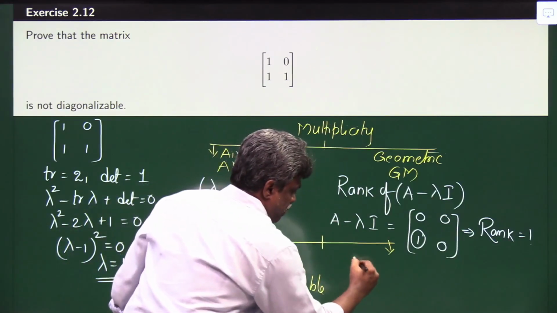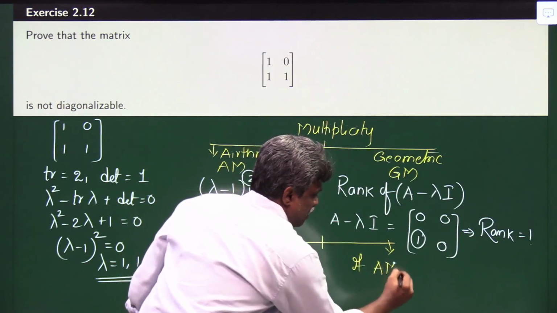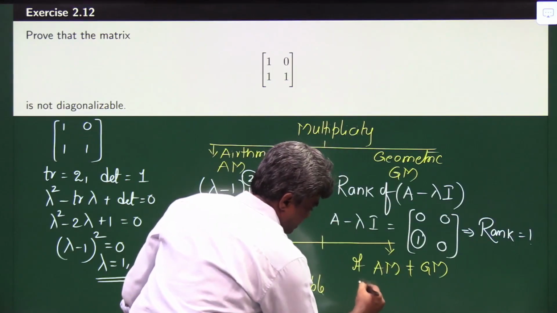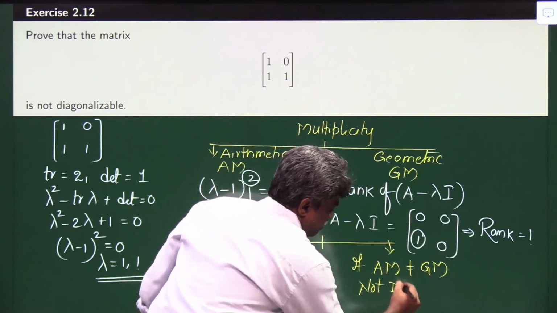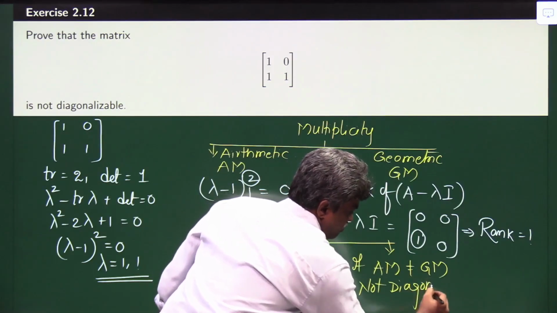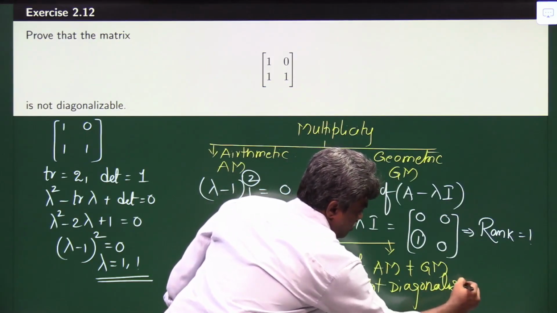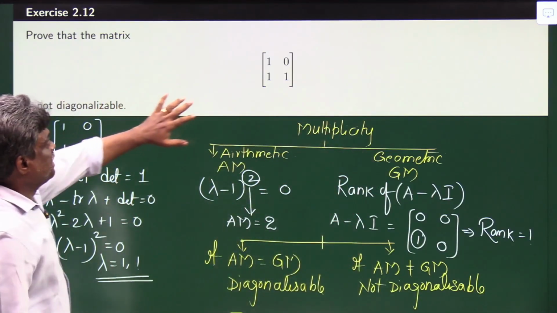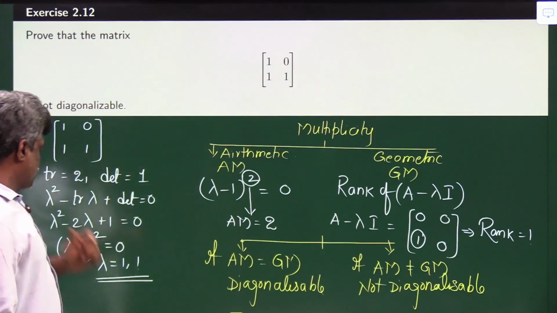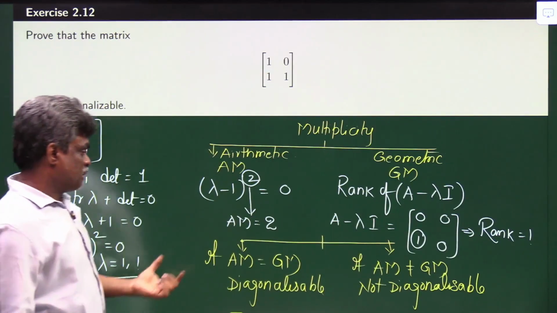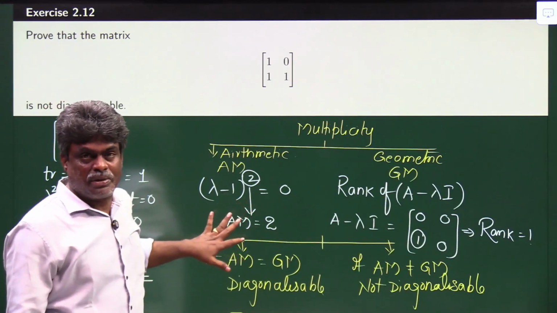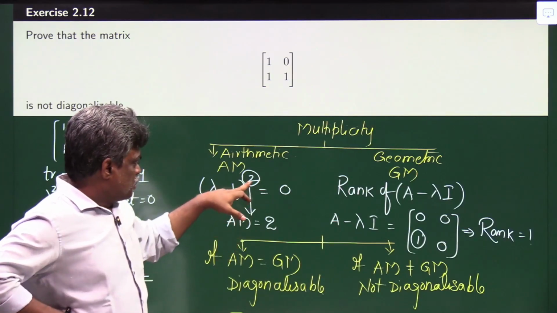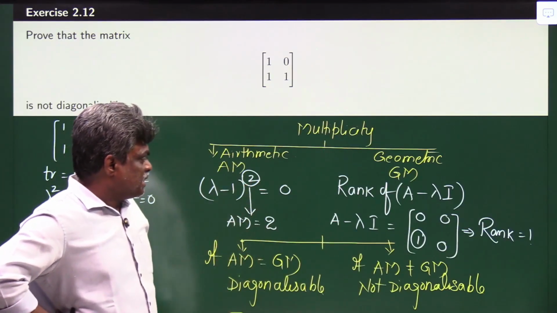If arithmetic multiplicity is not equal to geometric multiplicity, then it is not diagonalizable. So in this case, for our matrix 1, 0, 1, 1, we got degenerate eigenvalues, but unfortunately arithmetic multiplicity is just the secular characteristic equation only. So here the power is 2.